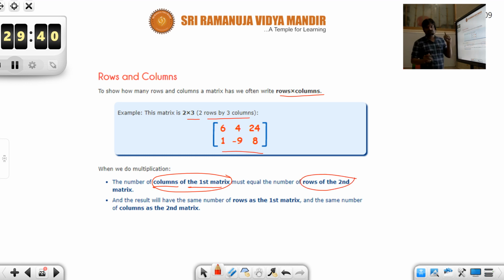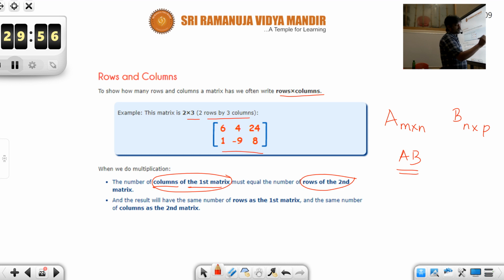This is the important condition. If you want to multiply two matrices A, m by n, and B, n by p, then AB is possible because the number of columns of A and the number of rows of B are the same. Then only AB is defined.